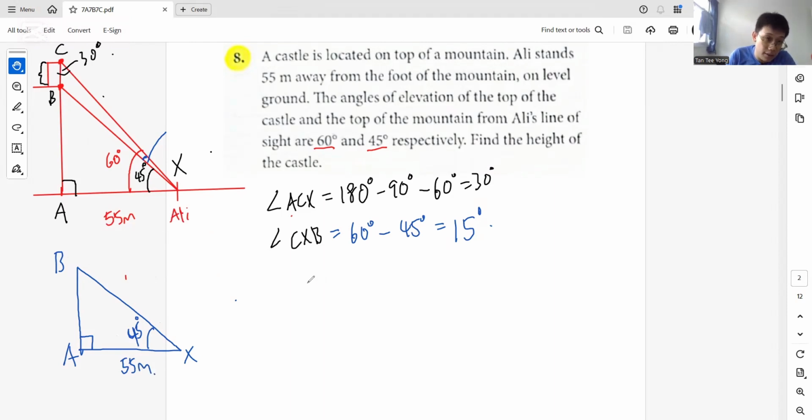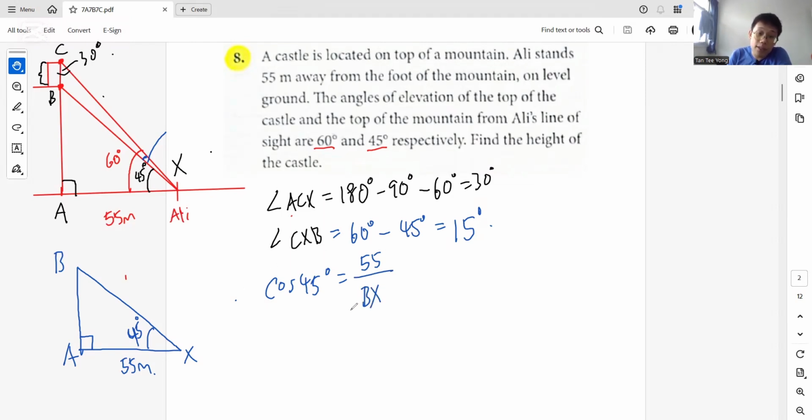So how to find BX? Using what? Cosine, right? SOH CAH TOA, so CAH. Cosine 45 degrees equals 55 over BX, adjacent over hypotenuse.